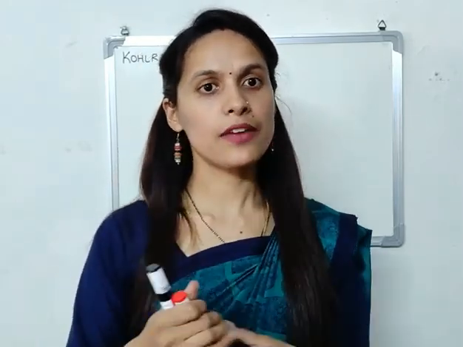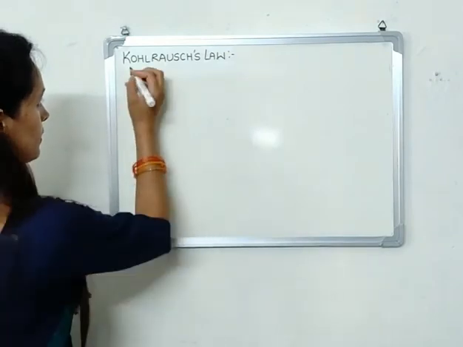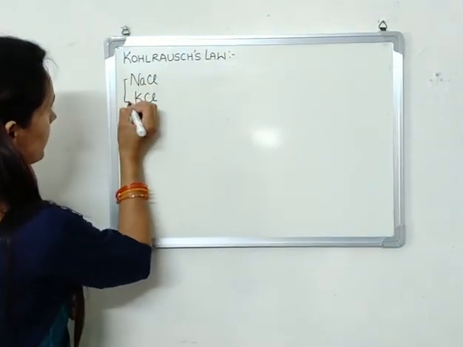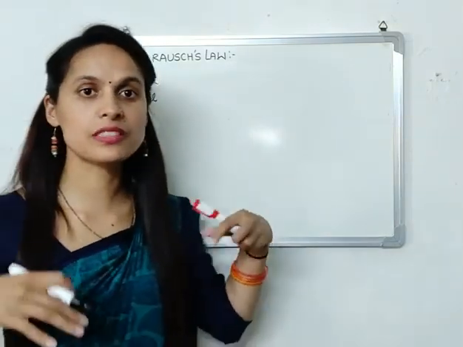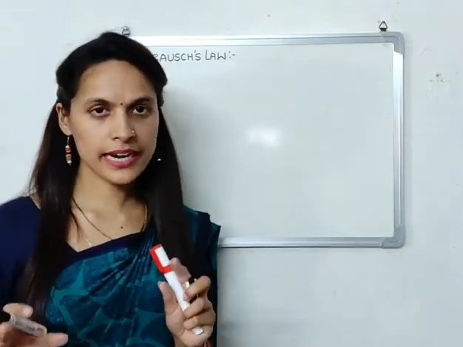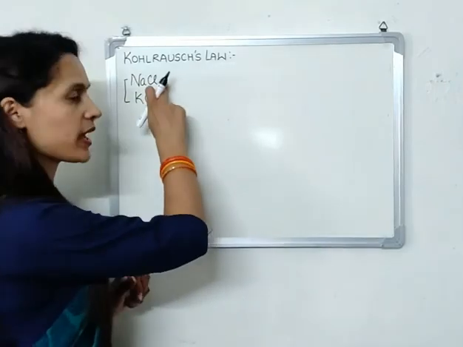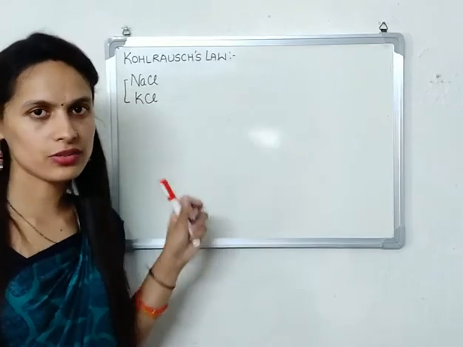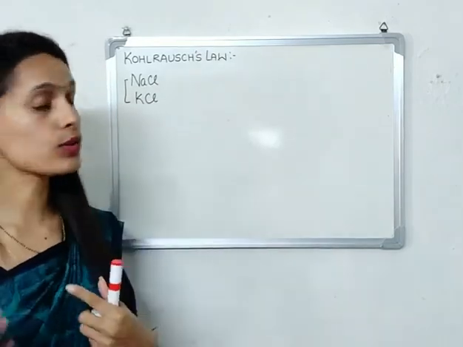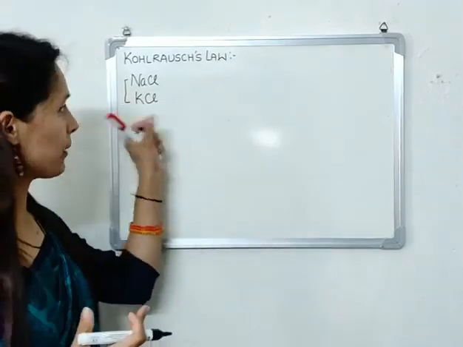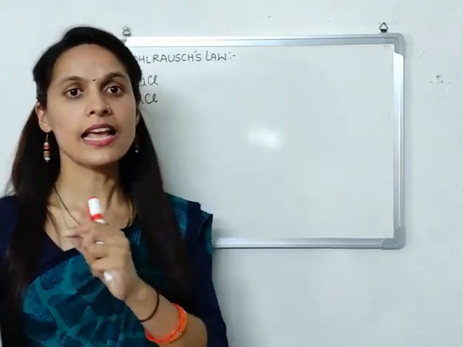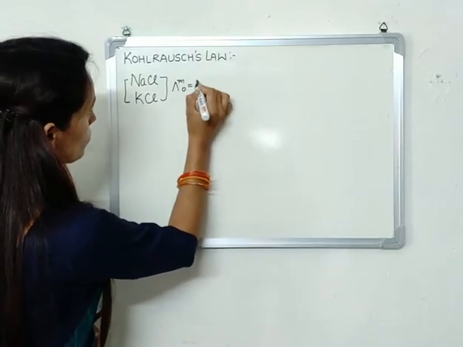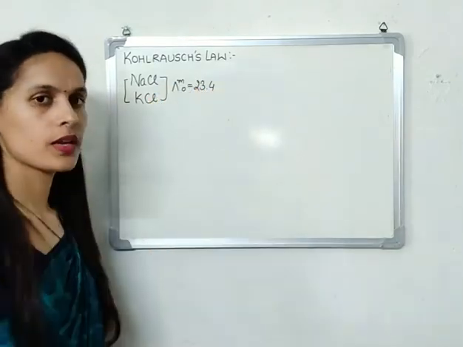For example, NaCl and KCl is a pair of electrolytes with similar anion. He calculated lambda m naught for NaCl and for KCl through graph, because these are strong electrolytes. When he calculated the difference of lambda m naught of NaCl and KCl, he got a difference equal to 23.4.